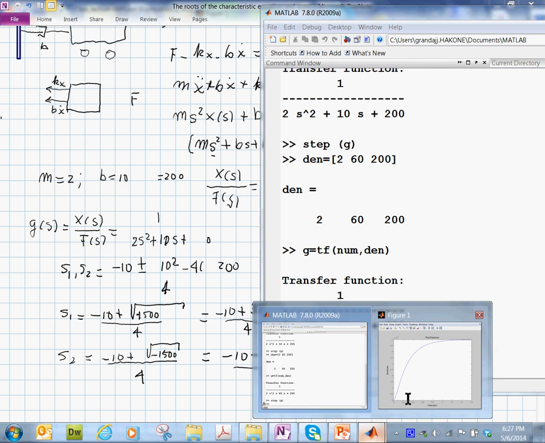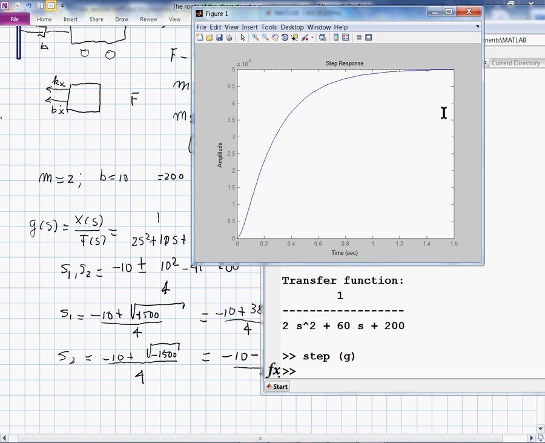And my response is going to be like that. See, look, very different. We don't have any oscillation basically. And then the damping increases. The response of the system is very different. And the roots of this characteristic equation now correspond to this answer.